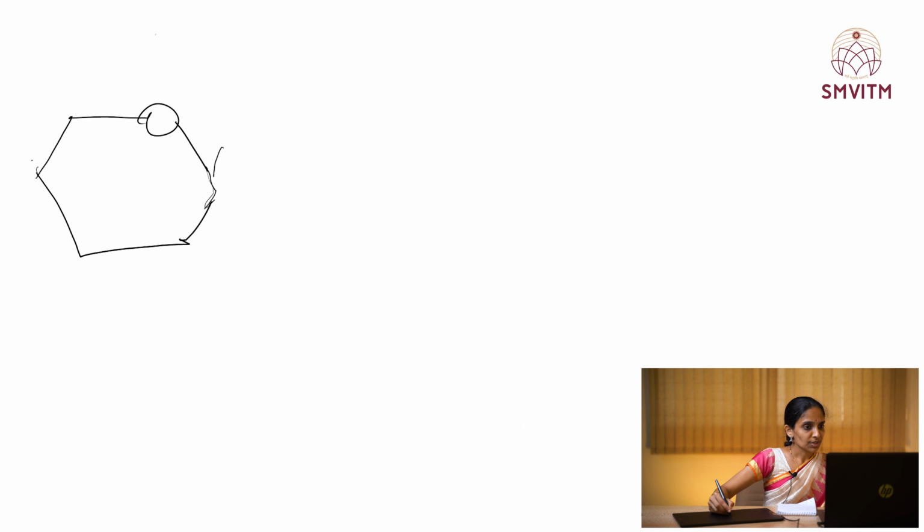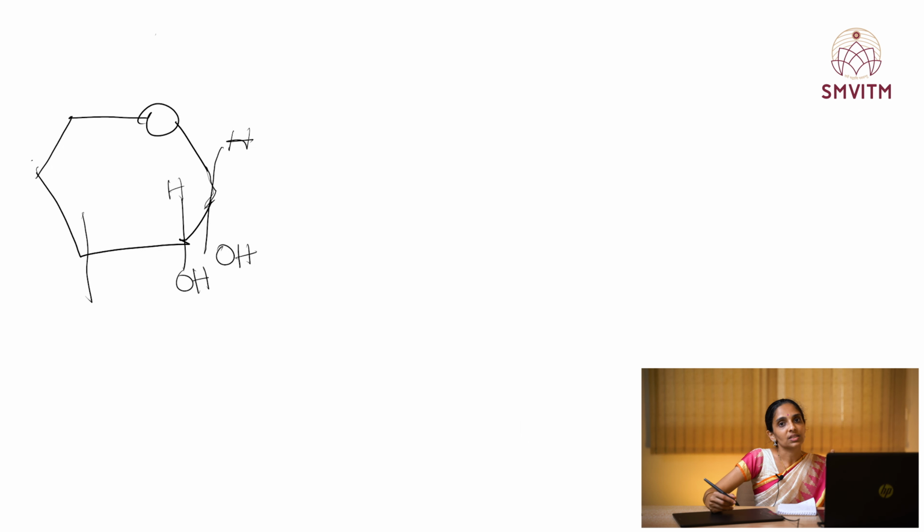Okay, so carbon number 1 has H, OH. Carbon number 2 has H, OH. See to it that you fill all the hydrogens and oxygens without fail in the exam. Even if you miss 1 atom or group, you will lose 2 marks. This question is for 2 marks.